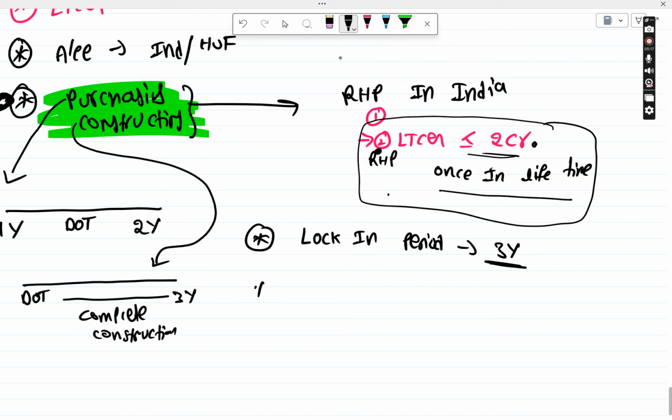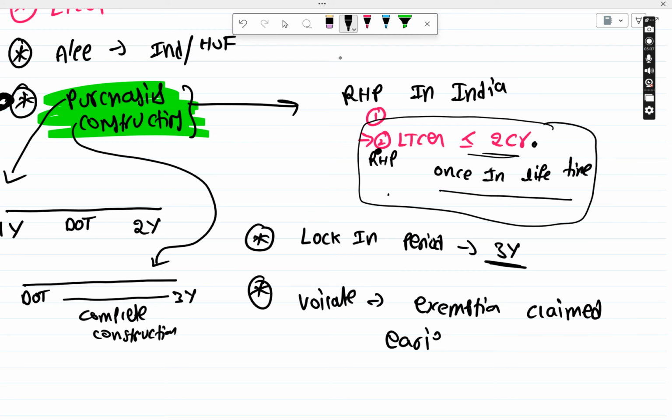If you violate this, whatever exemption you claimed earlier will be taxable again as LTCG. So you can write like this: this is applicable for pretty much every exemption; the exemption claimed earlier will be taxable as LTCG in the current year.